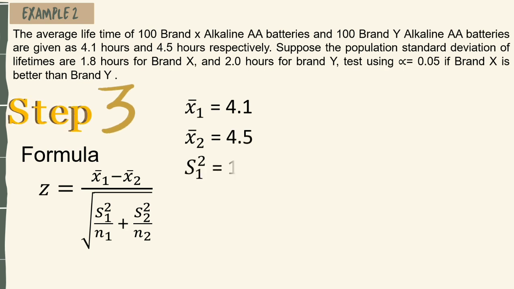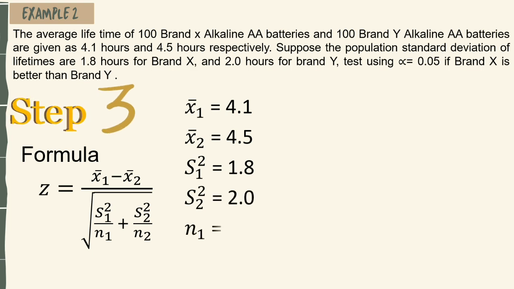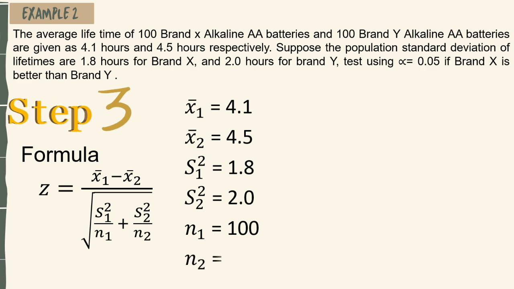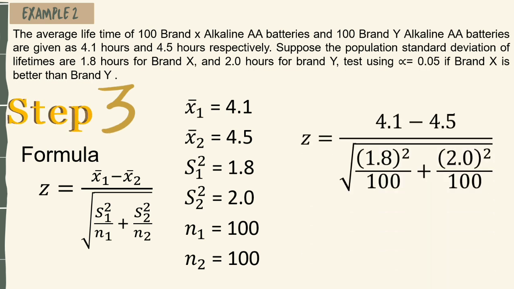The s sub 1 of sample A is 1.8. The s sub 2 of sample B is 2.0. The n sub 1 of sample A is 100 and the n sub 2 of sample B is 100 also. Since we already found the given values, let us substitute each value to our formula.